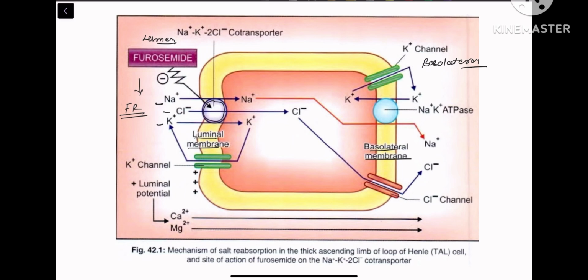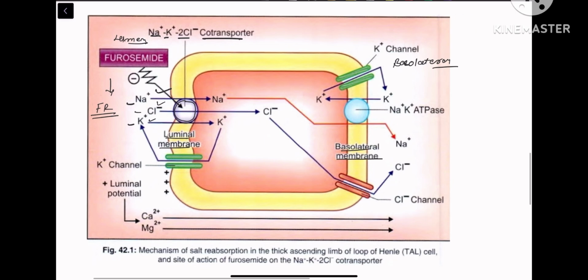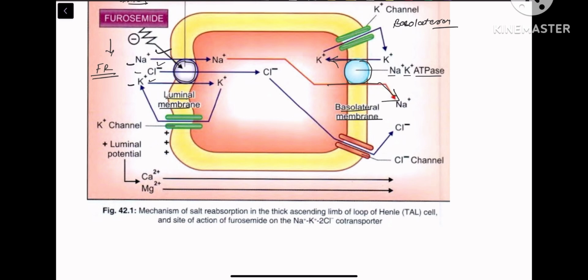Here the transporter is called the sodium potassium chloride cotransporter, which transports sodium, chloride and potassium unidirectionally. Here is another transporter, the sodium potassium ATPase, which transports sodium to the basolateral side, and transports potassium into the cell. Potassium, which is transported from the lumen into the cell, is now transported by the chloride channel into the interstitium.